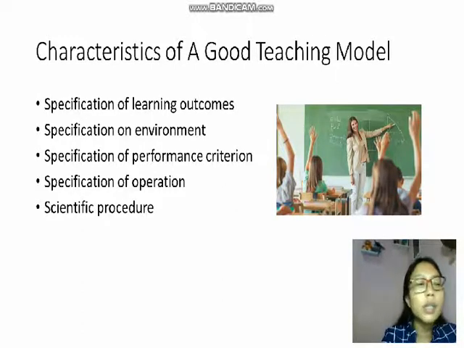As we know, teaching should be scientifically designed. So a model of teaching should be based on a systematic procedure to modify the behavior of the learner. It's not only a combination of facts, but it should consist of the underlying theory.